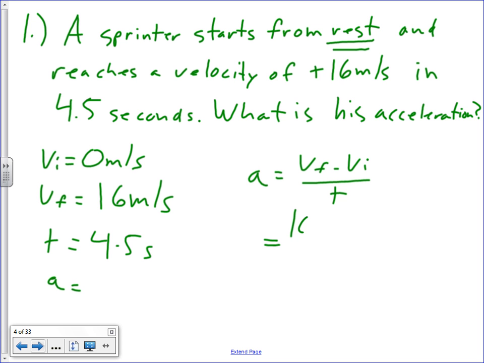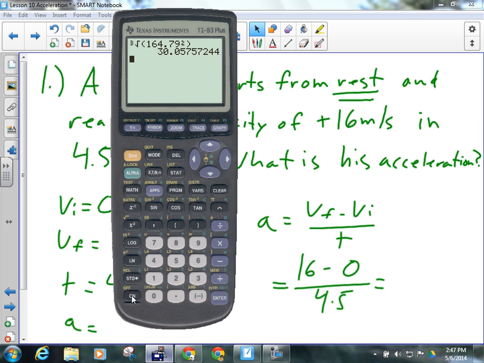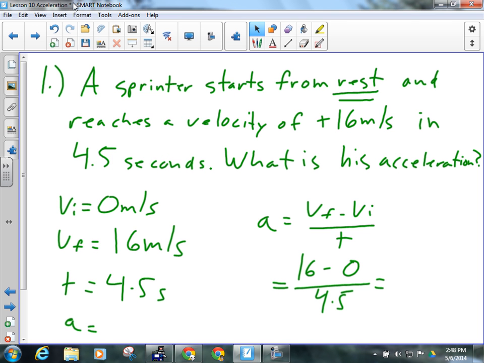So that'll be 16 minus 0 over 4.5. We're doing that on our calculator here. So we'll have 16 divided by 4.5. So our acceleration then is 3.6 what?